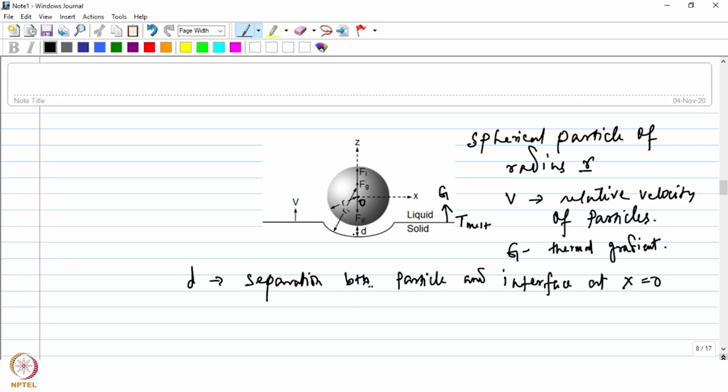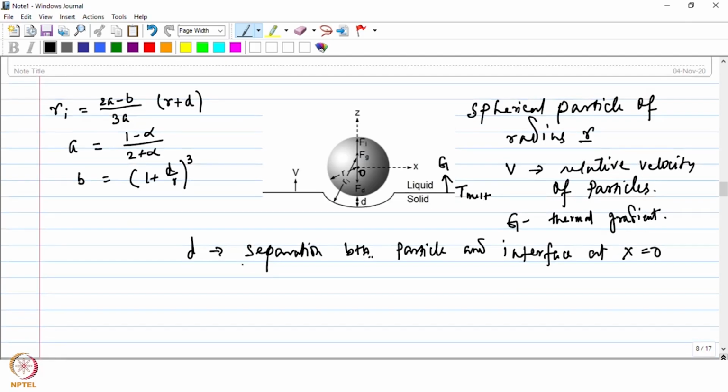So considering this, the radius of curvature, that is this Ri, can be given as follows, where A is a function of the thermal conductivity ratio alpha and given as follows. And B is equal to (1 + d/R) whole cube.